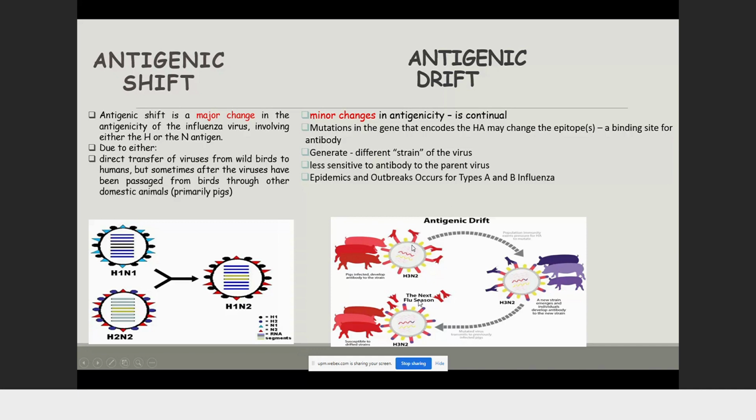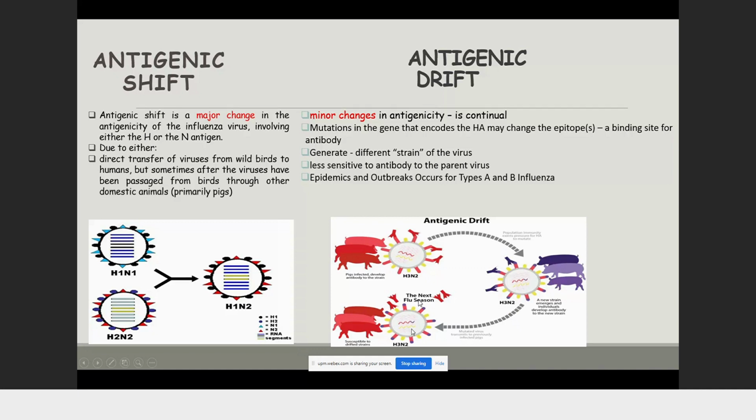Okay, so this is an example. You have a pig infected with H3N2 strain, and it already developed antibody to this strain, and then because of the antigenic drift, a minor change in this epitope results in a new strain still denoted as H3N2. However, the antibody could not respond to this epitope because it is already a new epitope.